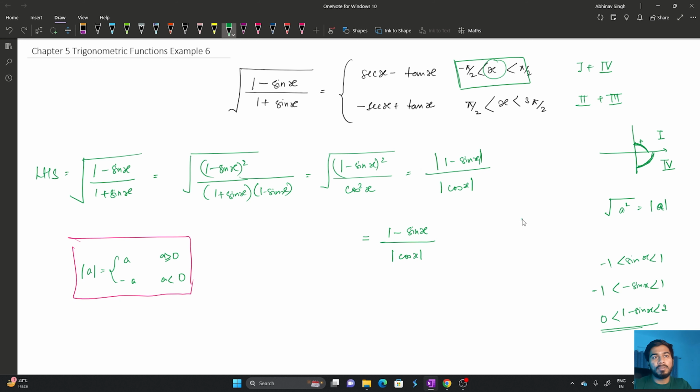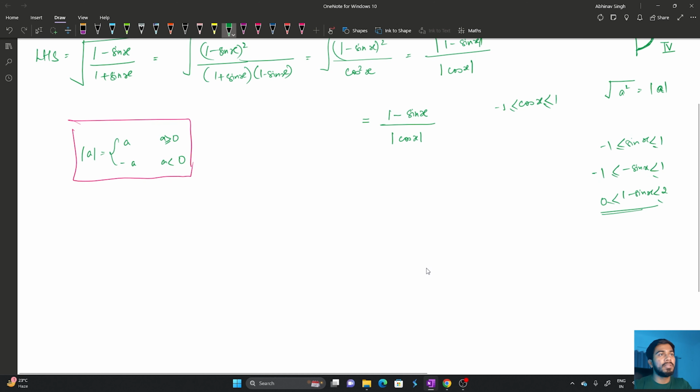Now okay, let's look at cos x. Cos x will lie between minus 1 to 1. Okay, please include the equalities too. Now I cannot say that cos x will be only positive or cos x will be only negative, because it could be anything in between minus 1 to 1.